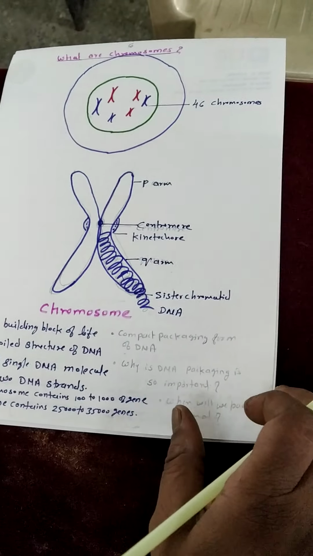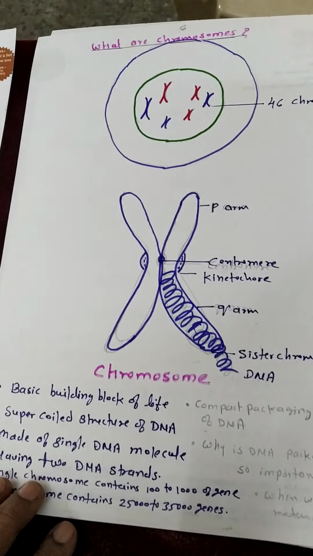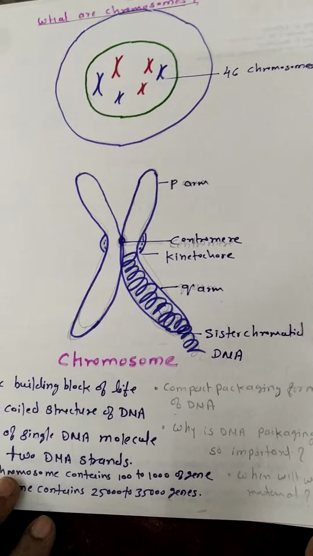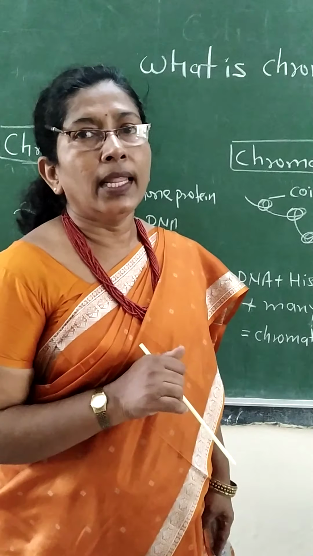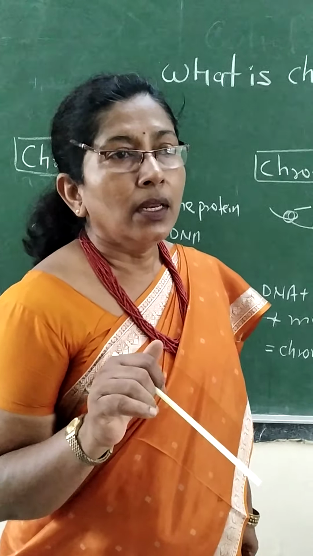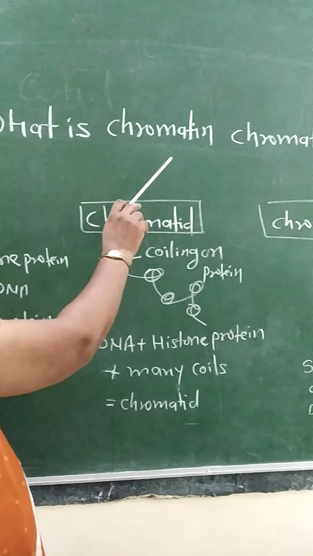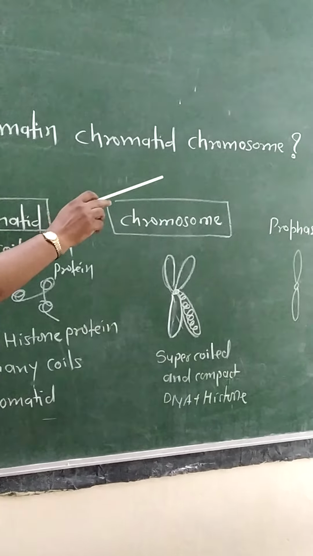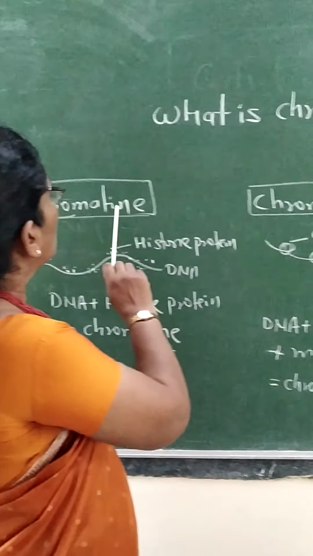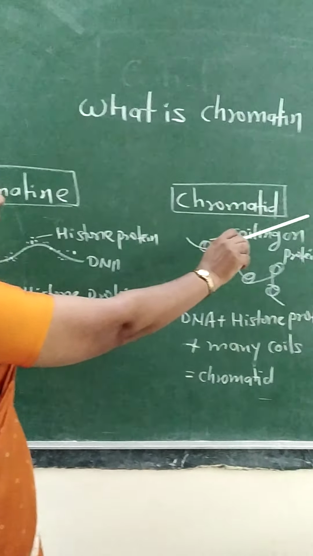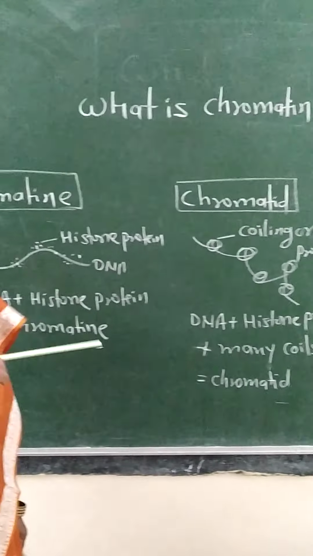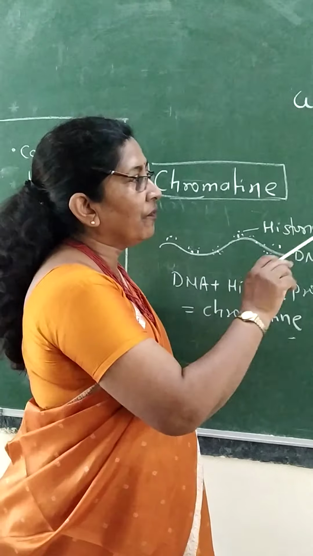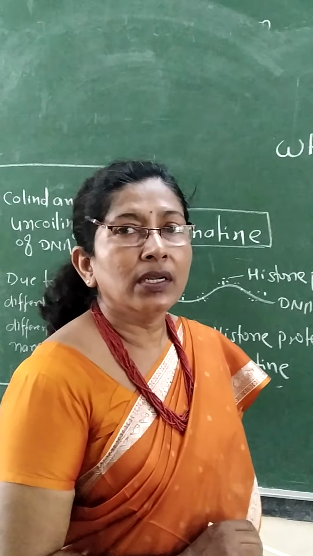So we will now just summarize what we learned today. In today's lecture, we learned what chromatin, chromatid and chromosome are. Chromatin, chromatid and chromosome are the same structure, but they have different names due to their different shapes.